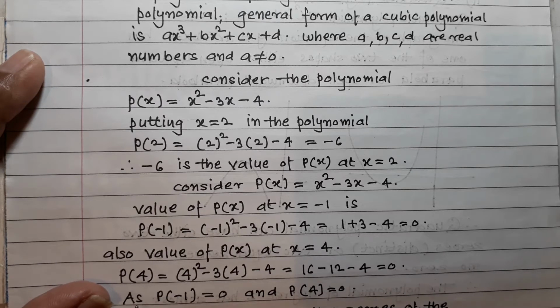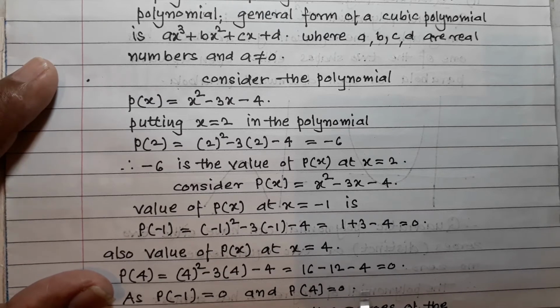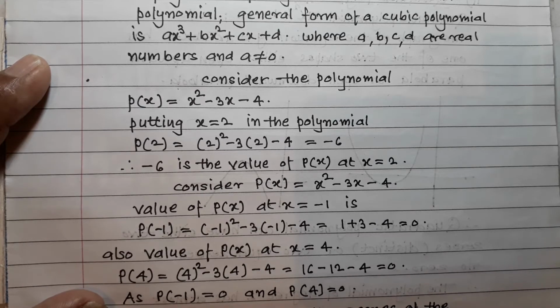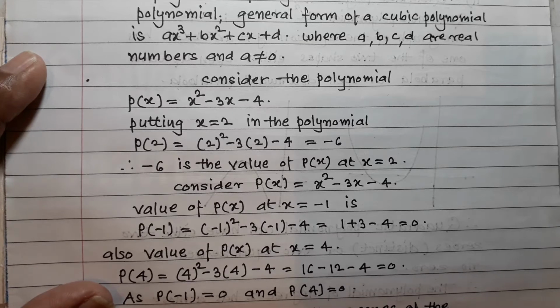Now, in this case, as P(minus 1) is equal to 0 and P(4) is also equal to 0, therefore minus 1 and 4 are called the zeros of the quadratic polynomial x square minus 3x minus 4.